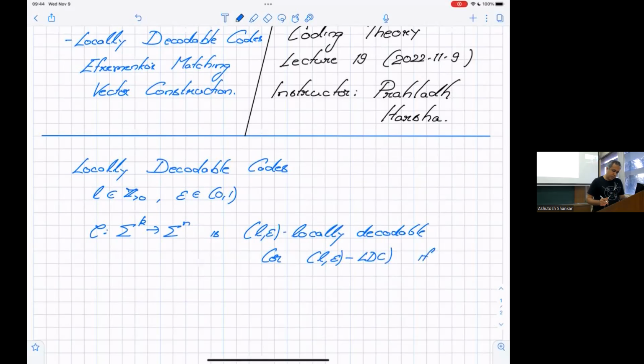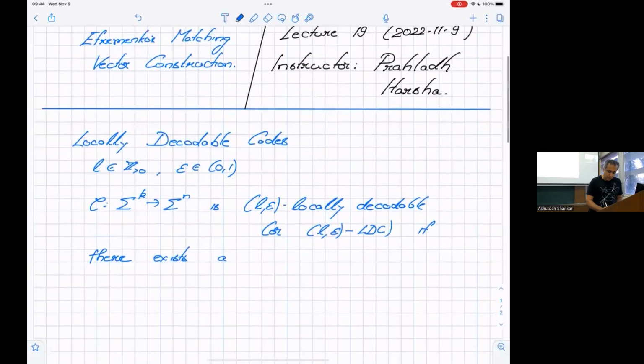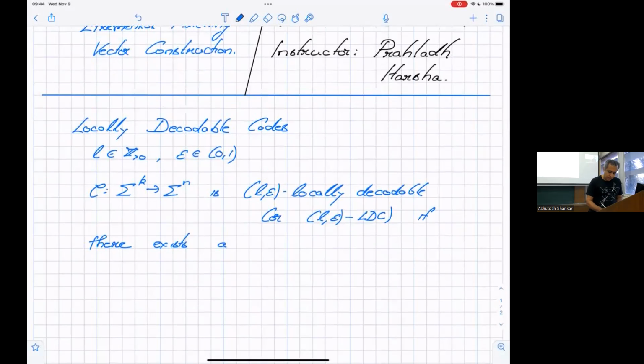if the following holds: there exists a decoder, which will necessarily have to be a randomized decoder. The decoder doesn't get explicit access to the entire received word.